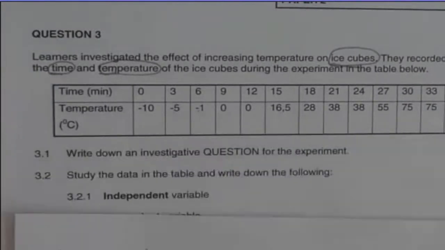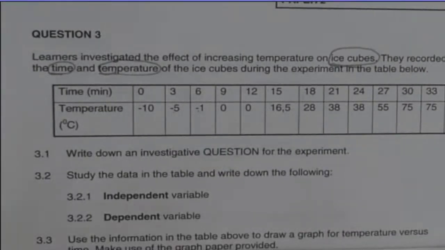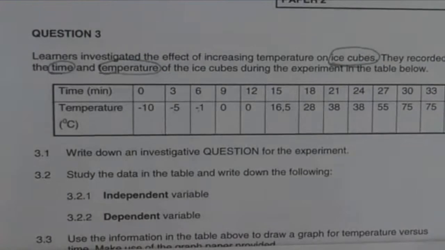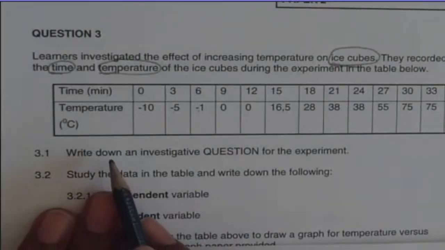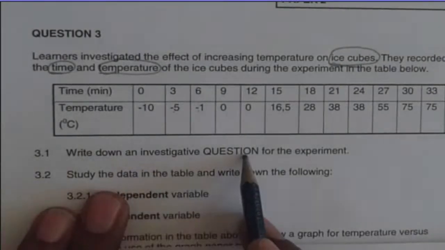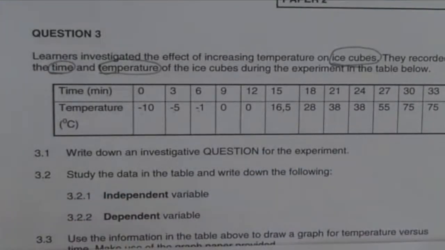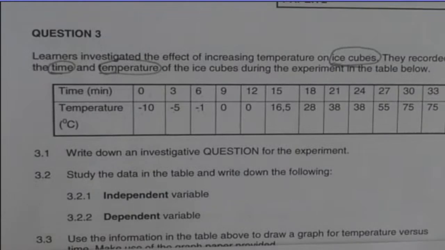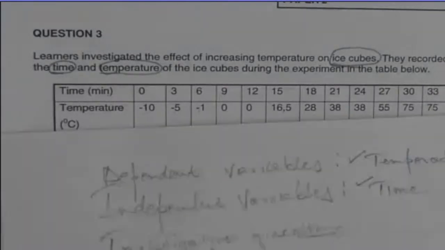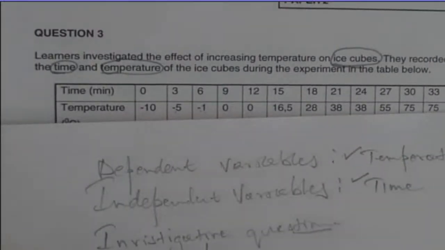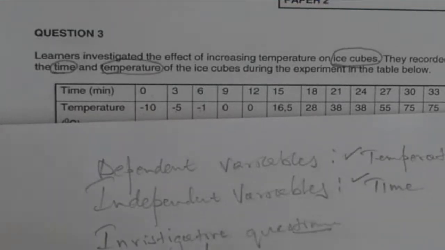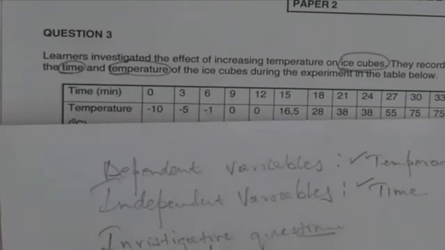Then let us look at our questions. The first question: write down the investigative question for the experiment. Normally the investigative question starts with how or what.